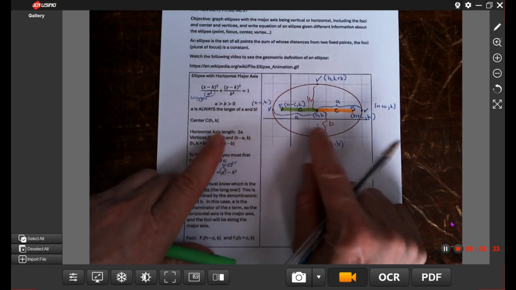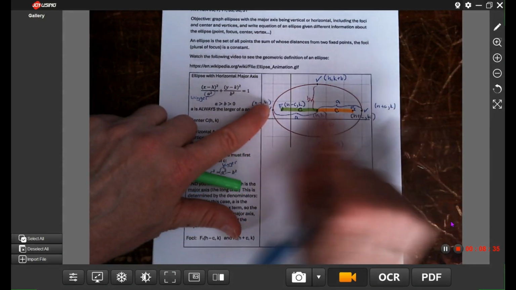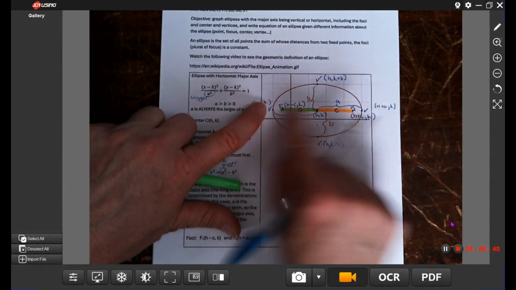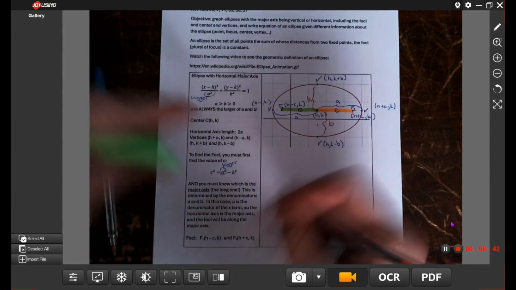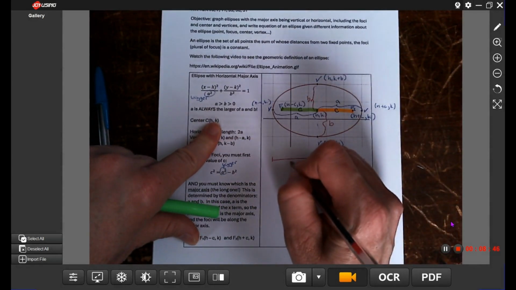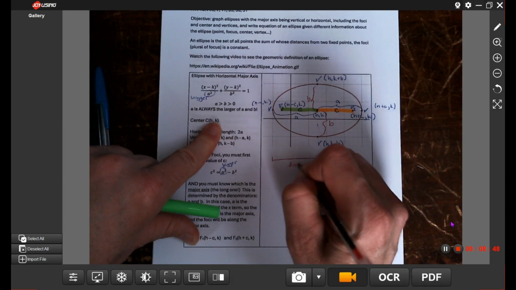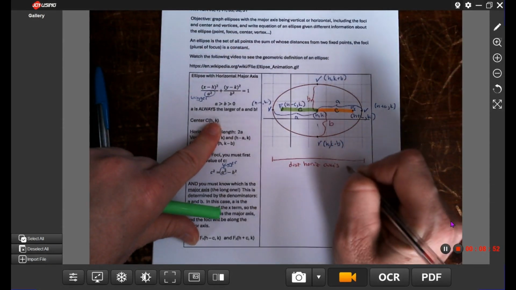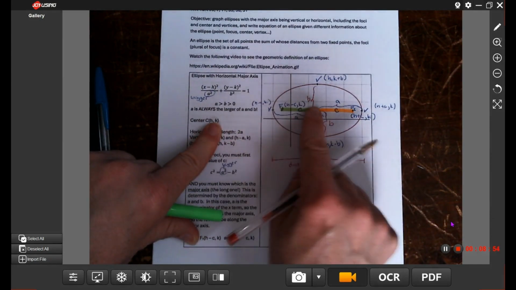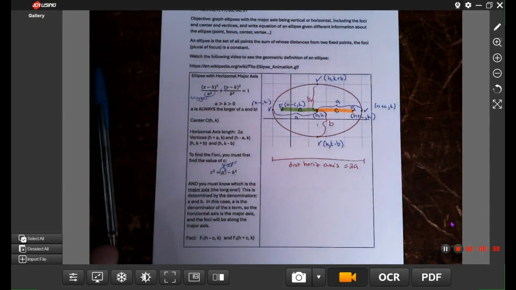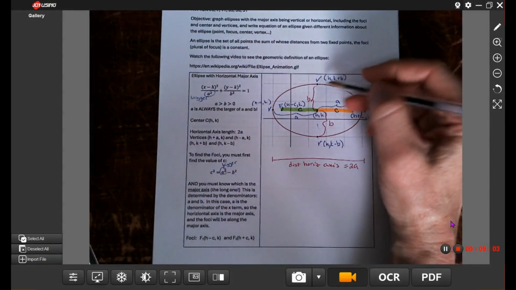So a couple other things here. The length of the horizontal axis. The horizontal axis is the distance between the two vertices in the horizontal direction. So the distance of the horizontal axis is a, and then another a, so 2a. Now let's talk about the vertical axis.